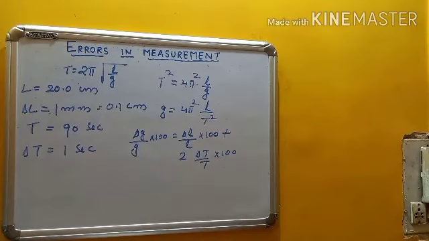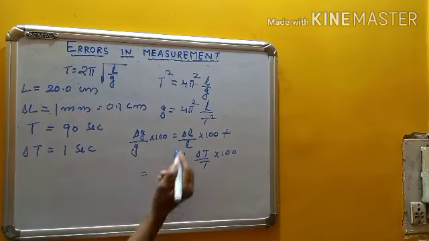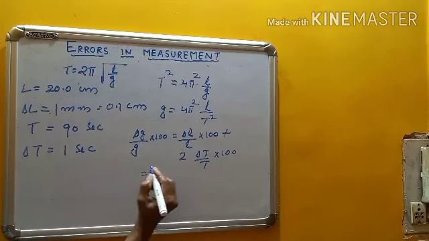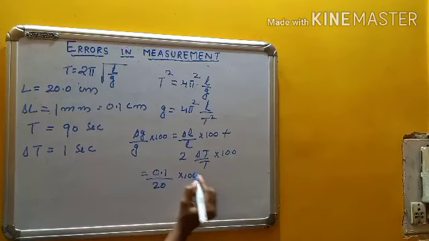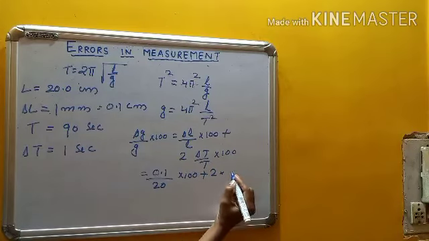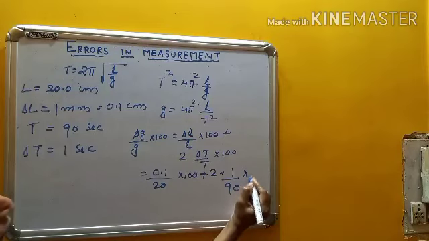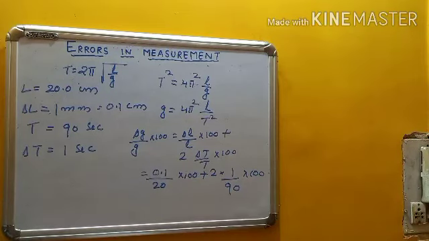Clear, children? Now just substitute. Delta L is given as 0.1 divided by L, which is 20, into 100, plus 2 into delta T, which is 1, divided by T, which is 90, into 100. Okay. So we have substituted the values as per the given question.